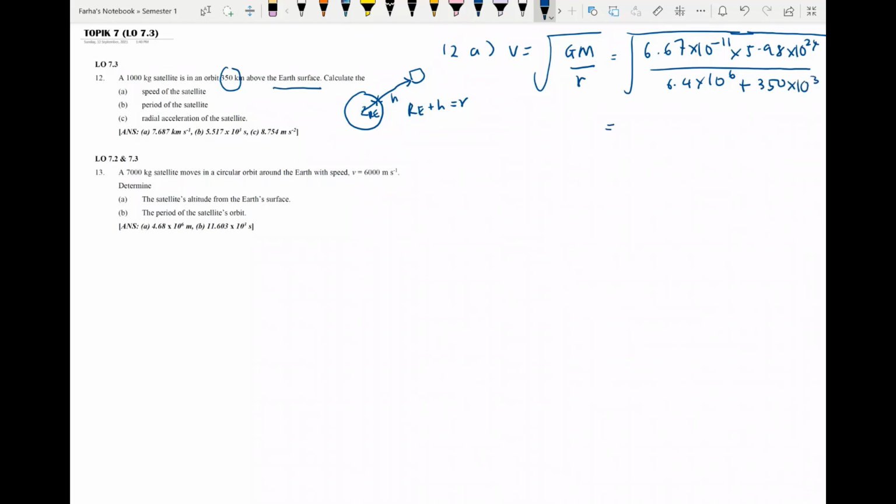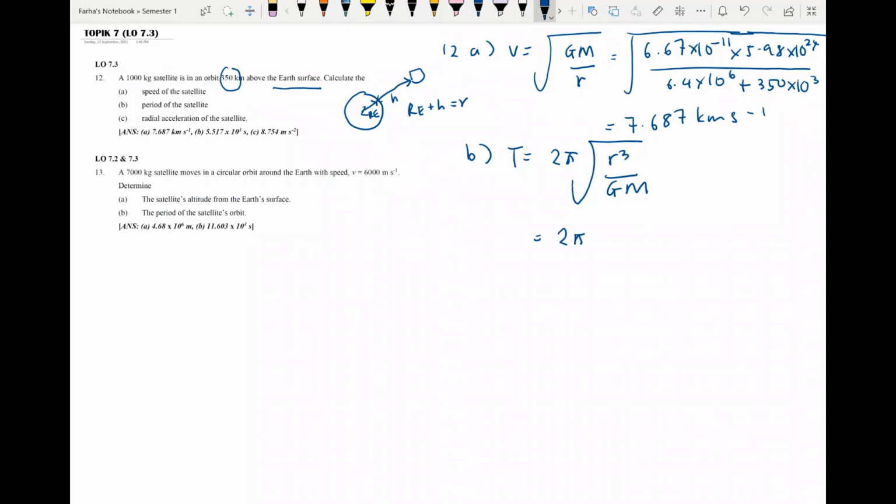So the answer is 7.687 kilometer per second.